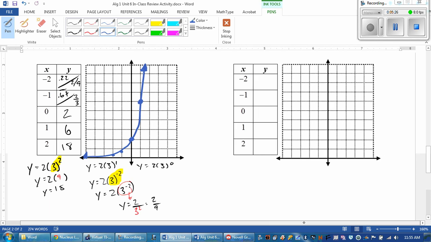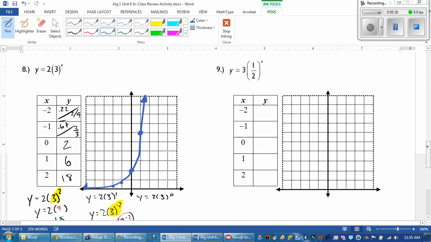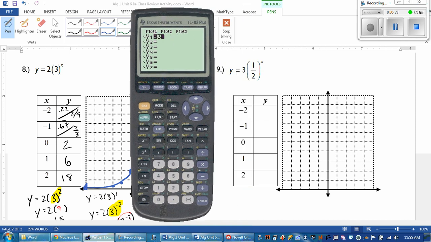All right, next one. Let's go up and take a look at our equation. Y equals 3 times 1/2 to the x. And we can do the same thing. So y equals 3 times, when you're doing a fraction, make sure that you're putting 1 divided by 2 inside the parentheses, and then to the x power.